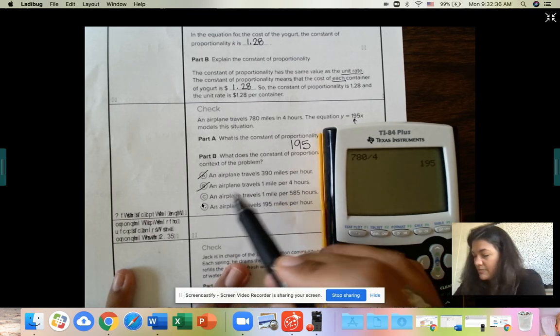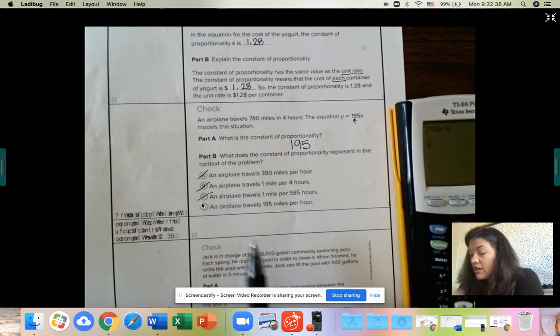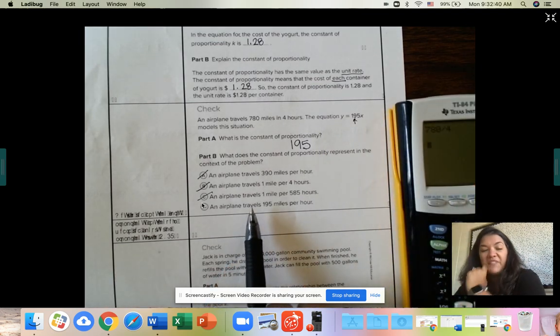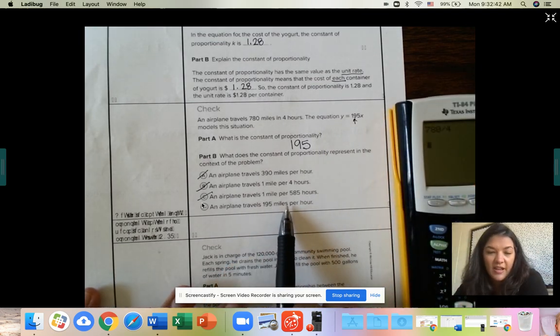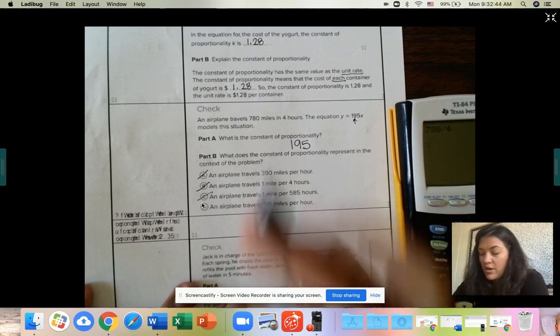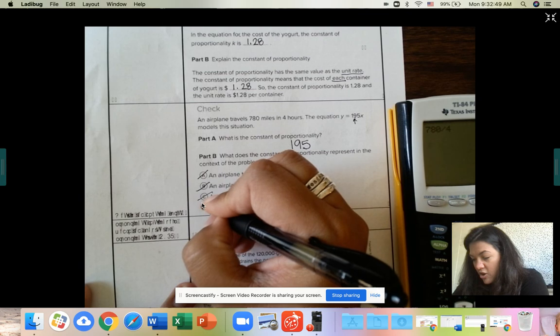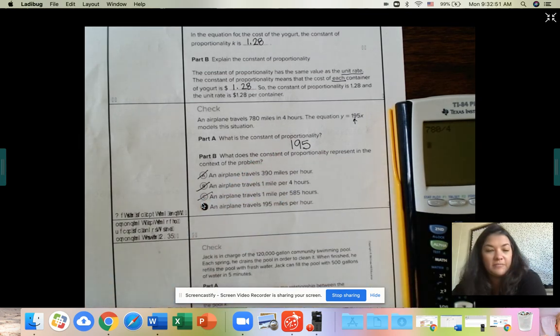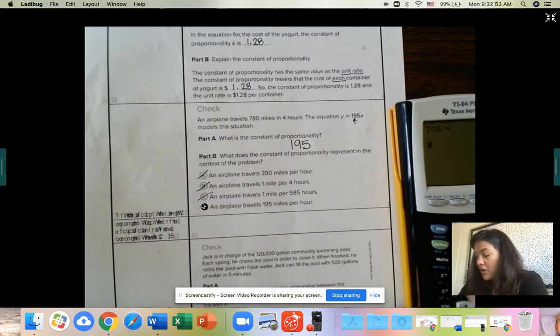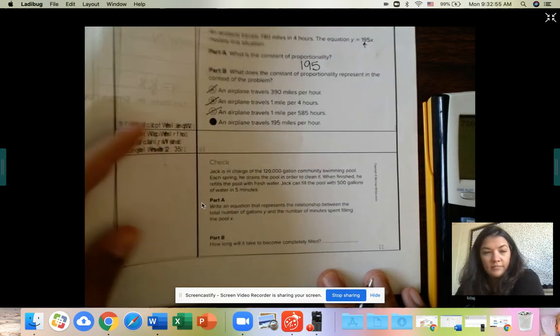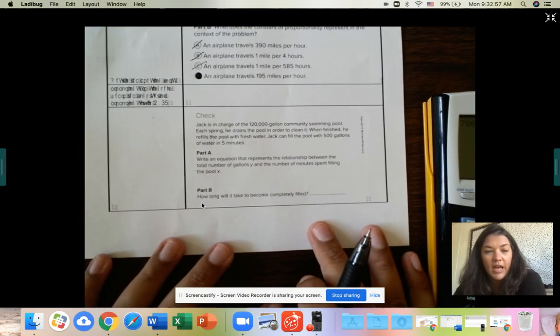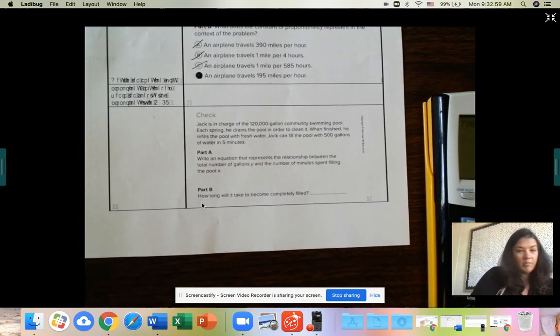Doesn't make sense. So again, D is the only one that has 195. The airplane travels 195 miles per hour. So D. Faster than any car that I have seen. All right, one more, just to apply what we have been going over.